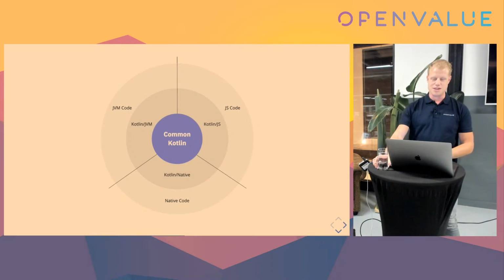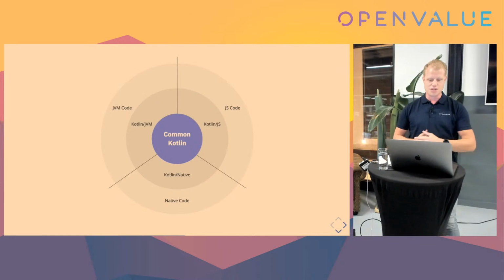All the magic basically happens in the center. Over there we have Common Kotlin. Common Kotlin includes the Kotlin language itself and some core libraries. There's something very important about this, because the code written in Common Kotlin should work on all platforms. That is basically the rule, and if you follow that, you will be fine.